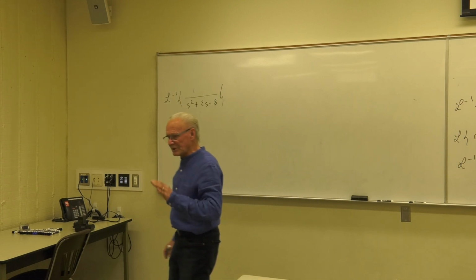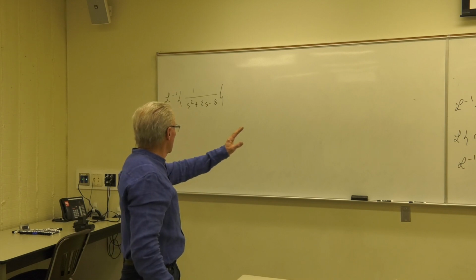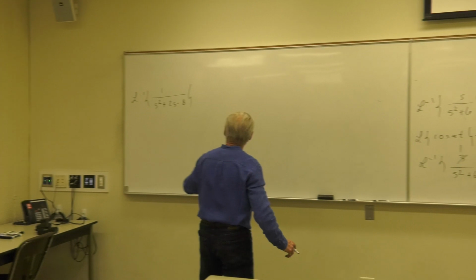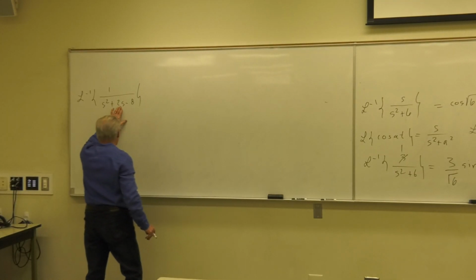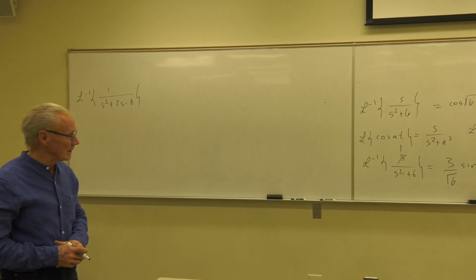We have not seen any transforms so far with s squared in the bottom, except the sine and the cosine. But the sine and the cosine ones didn't have this 2s term. So we've got a bit of a problem. We'll talk about that in a minute.